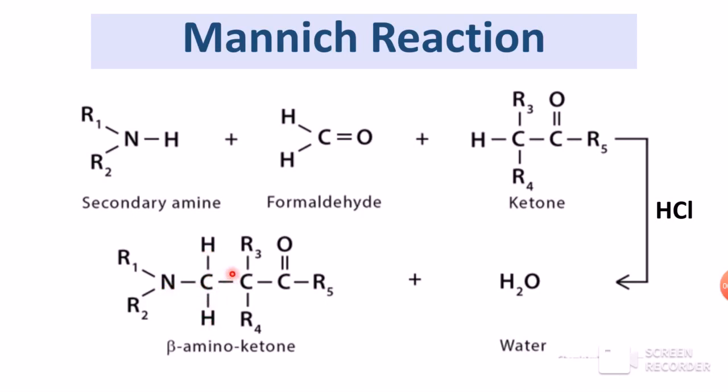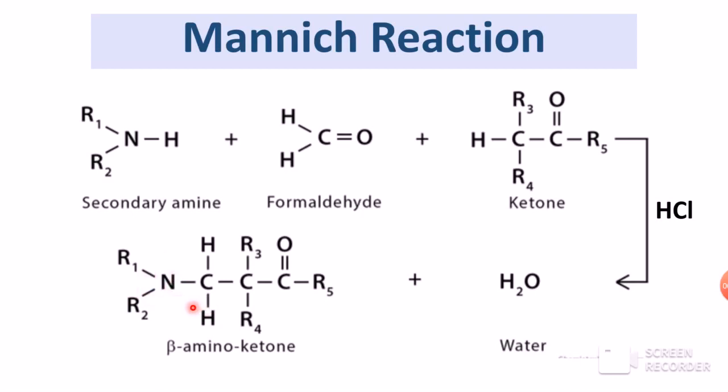So here the hydrogen atom of this ketone is replaced by this amino alkyl group. After replacement of this hydrogen atom by the amino alkyl group, the product is a beta amino ketone. Why beta amino ketone? Because this is the alpha carbon, this is the beta carbon, and here is the amino group.